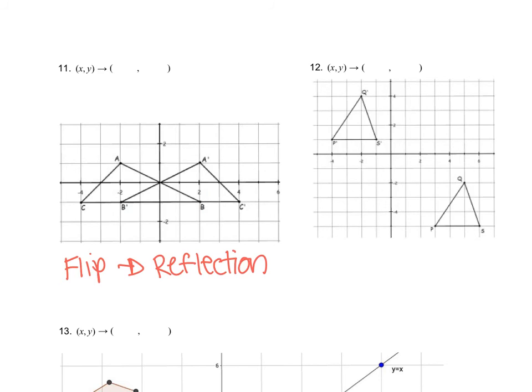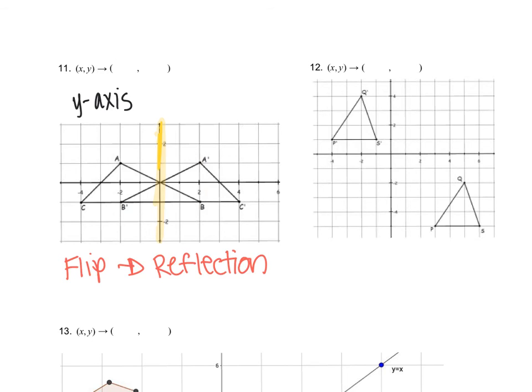You need to find the middle of this reflection so you can figure out what the rule is. You have to count the distance between 1 point and its image and find the halfway. To go from A to A prime, that's 1, 2, 3, 4, a distance of 4 units, and half of 4 is 2. If I go 2 units from either point, that gives me our line of reflection, which in this case is the y-axis.